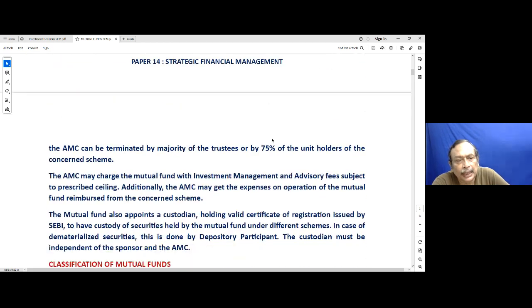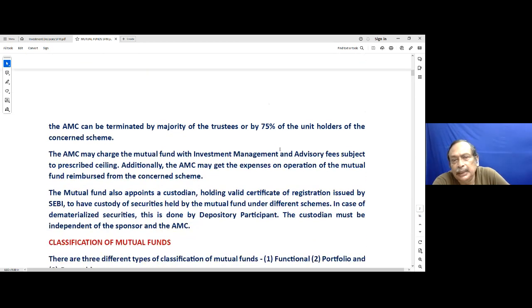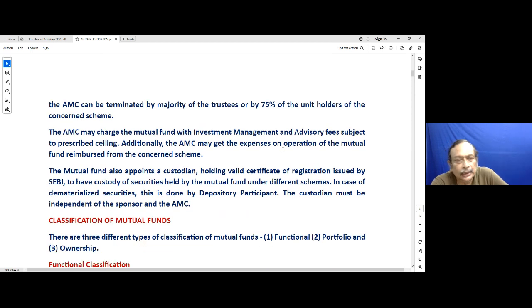The appointment of the AMC can be terminated by majority of the trustees or by 75% of the unit holders of the concerned scheme. The asset management company may charge the mutual fund with investment management and advisory fees subject to prescribed ceilings. Additionally, the asset management company may get the expenses on operation of the mutual fund reimbursed from the concerned scheme.